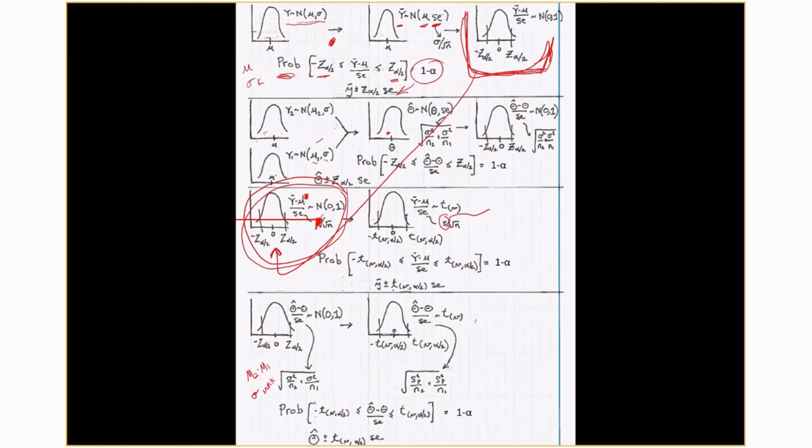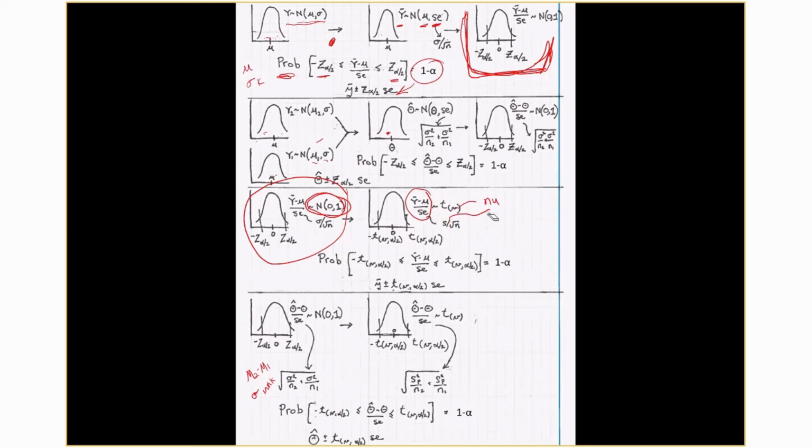But because s is itself a random variable, that introduces more variability in the relationship, and therefore we can no longer use a normal distribution. What we have to say is that when we calculate y bar minus mu divided by the standard error, it's not going to have a standard normal distribution. It's going to have a t-distribution with nu degrees of freedom.